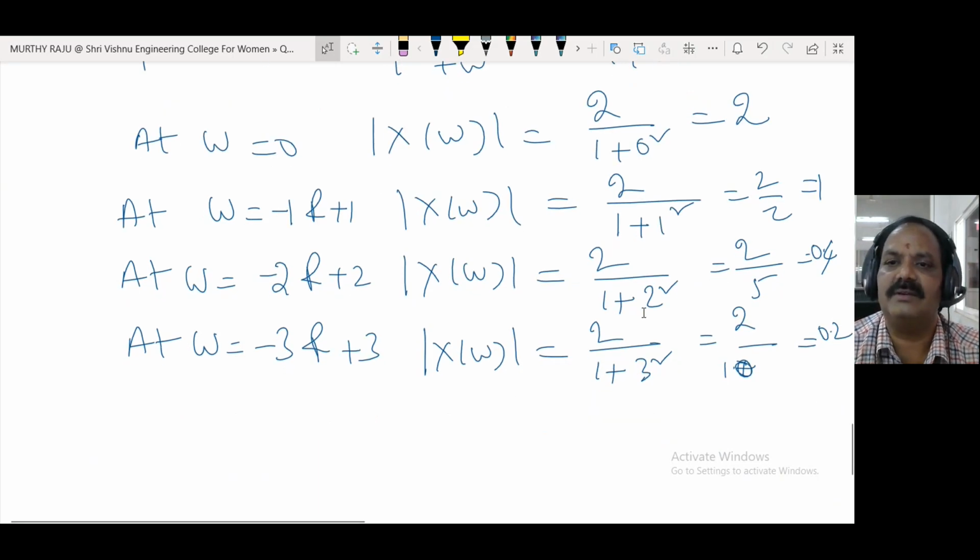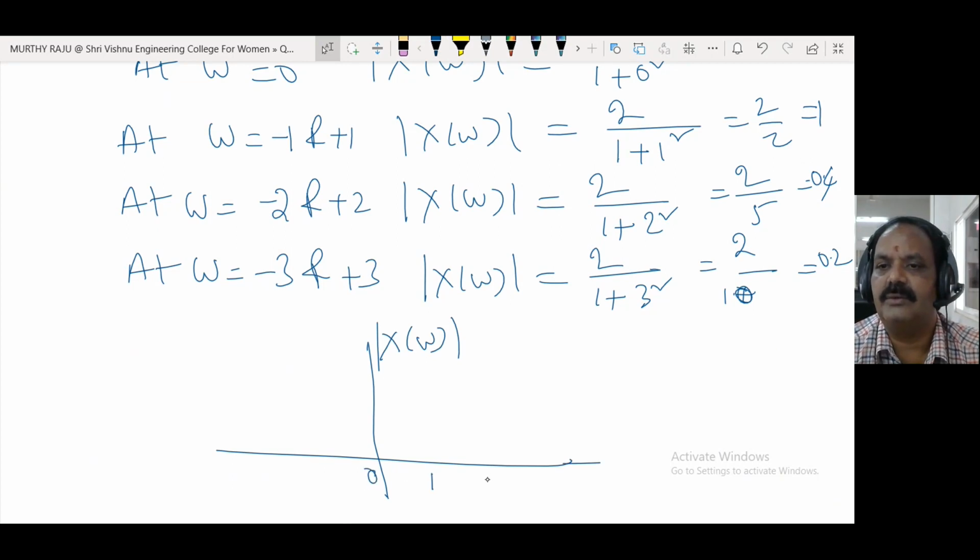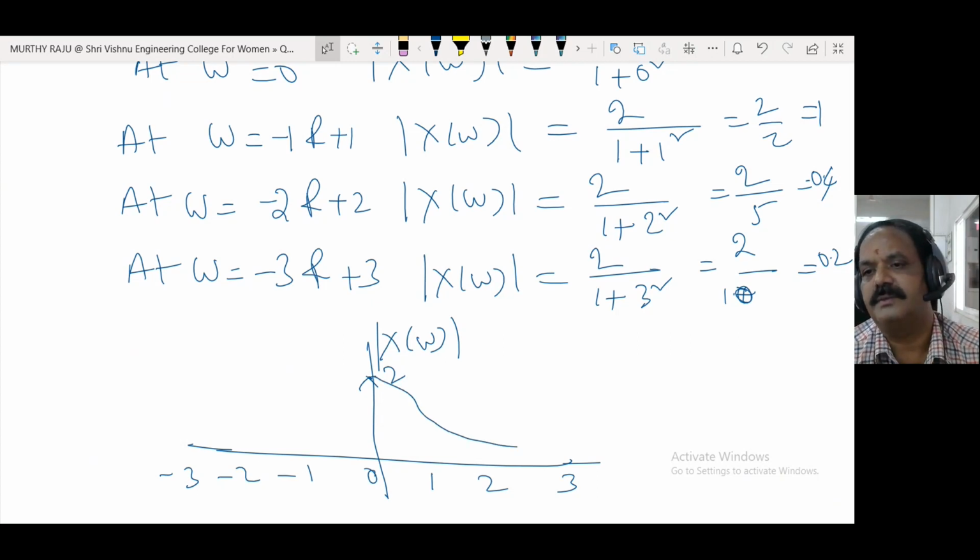By using these values, draw the magnitude spectrum. 0, 1, 2, 3, 0, minus 1, minus 2, minus 3. At 0 the value is 2. At 1 the value is 1. The spectrum is drawn.